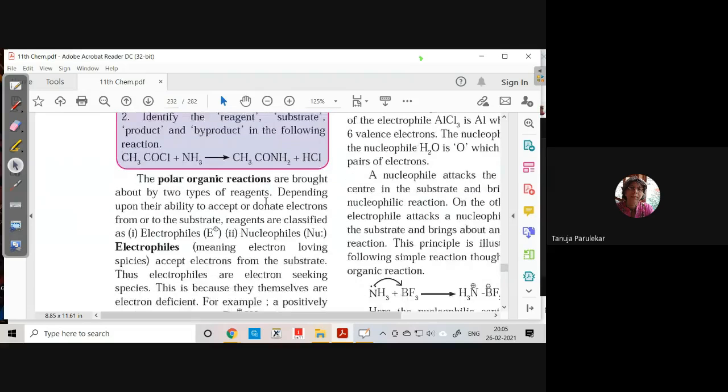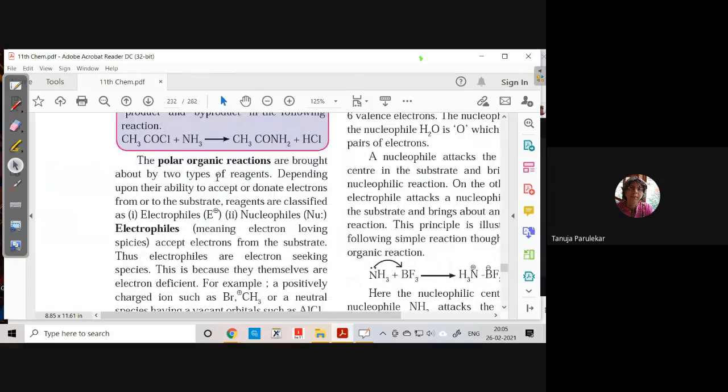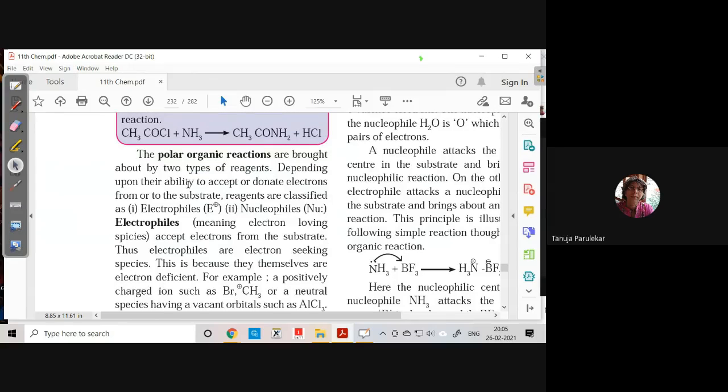Now, as you said very correctly, the polar organic reactions are brought about by two types of reagents. Depending upon their ability to accept or donate electrons from or to the substrate, reagents are classified. A reagent is something which is going to react with the substrate. We normally consider carbon as the substrate or the base.